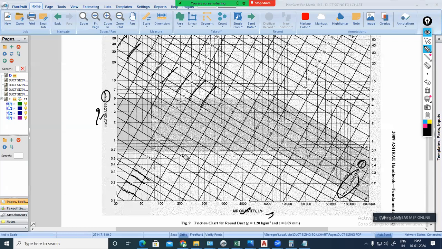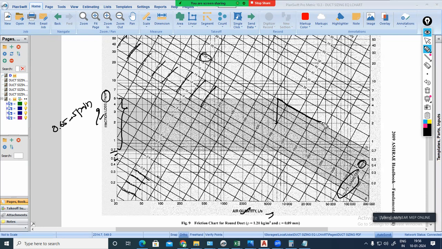Here you can see there is a shaded area now. The shaded area is starting from approximately 0.65 or 0.7 to 5. This range means 0.65 to 5 Pascal per meter. After that, 20 meter per second.